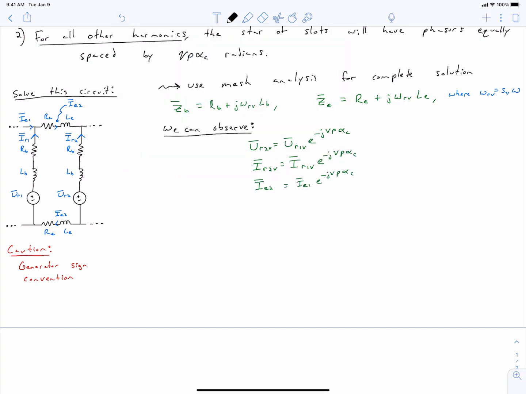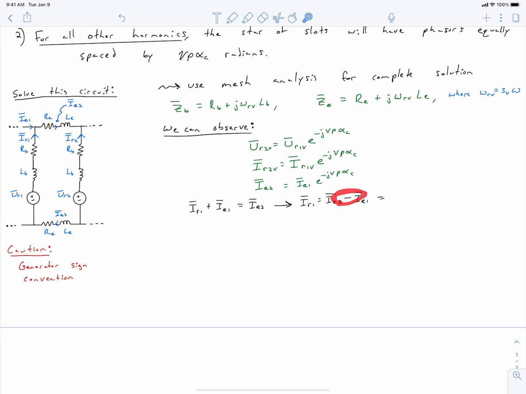Next, we're going to solve for our end ring currents in terms of our rotor bar current. We can write this equation just using KCL: the current from bar 1 plus the current from end ring 1 must equal the current in end ring 2. So this current plus this current must equal the current that's headed this way.